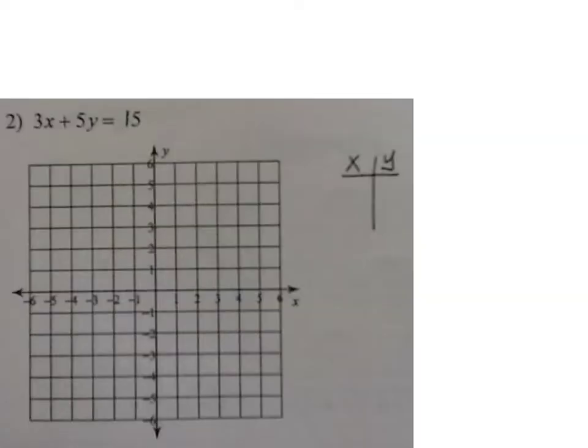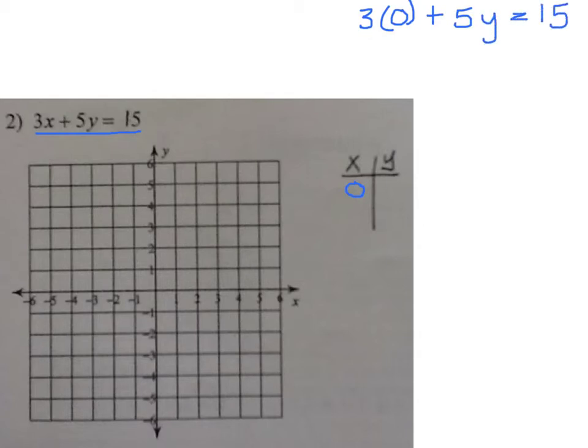Example number 2. 3x plus 5y equals 15. If we let x equal 0, we get 3 times 0 plus 5y equals 15.